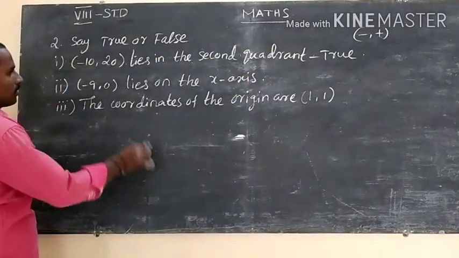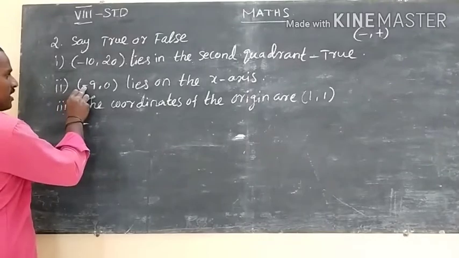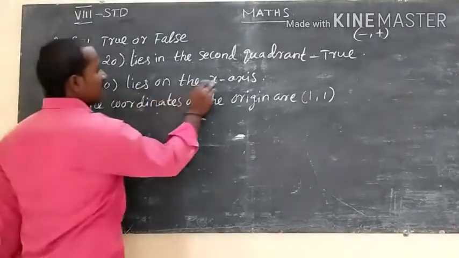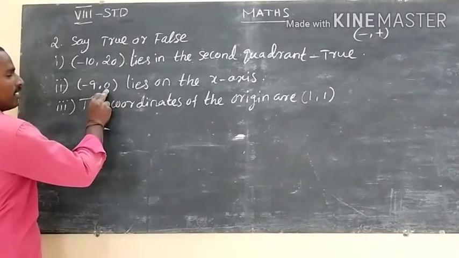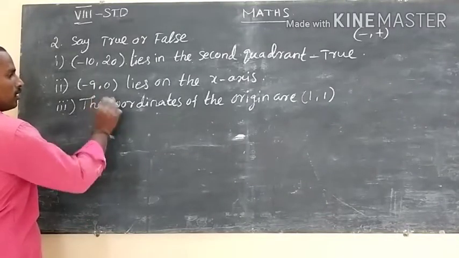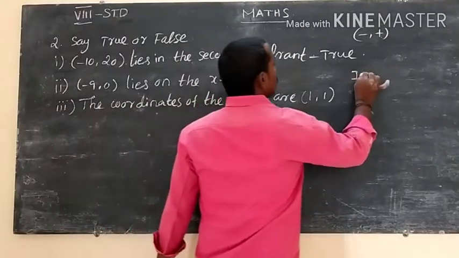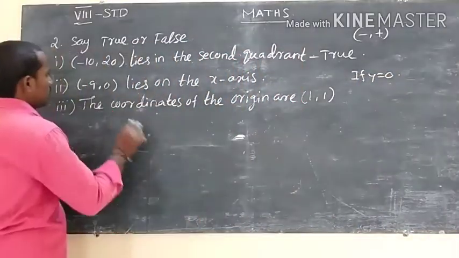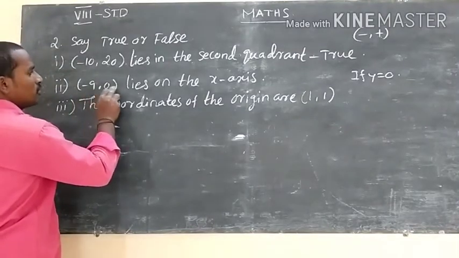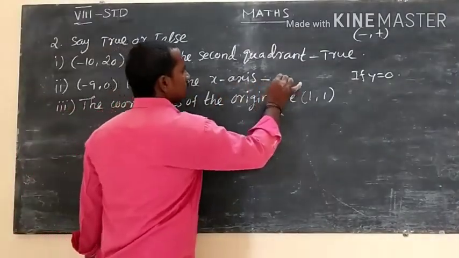Okay. Then the second subdivision: (minus 9, 0) lies on the x-axis. True or false? Consider the coordinates. Here the y value is equal to 0. If y is equal to 0, the point lies on the x-axis. Yes, (minus 9, 0) lies on the x-axis. This is also true.